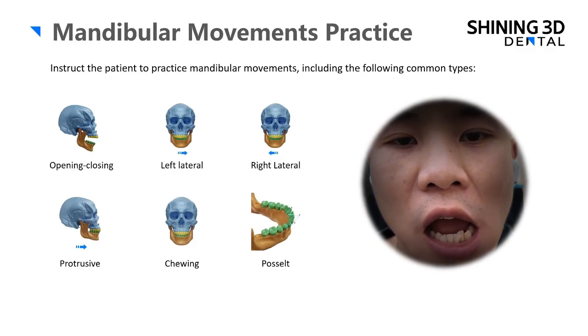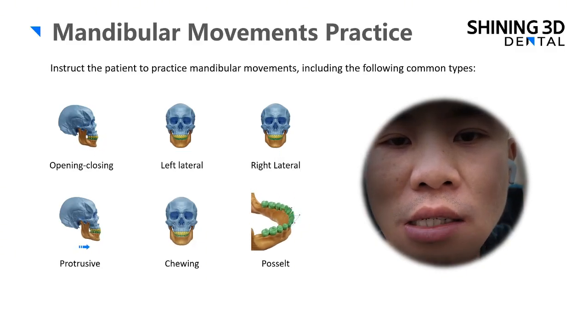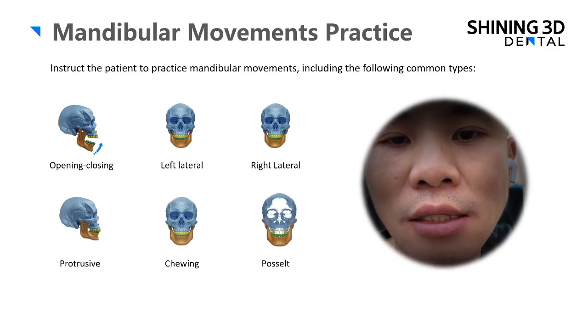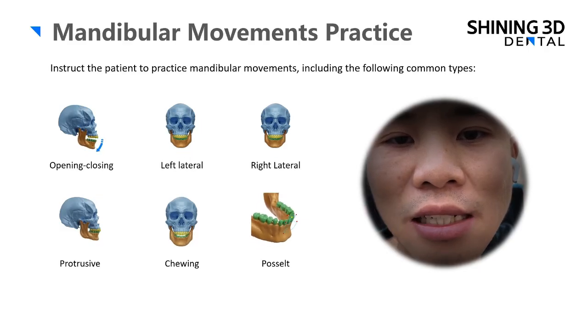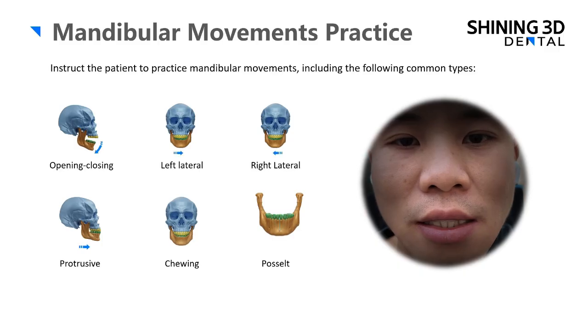So in order to prevent this kind of issue, the dentist can communicate with the patient beforehand about what kind of movement they may need to do and how many movements they need to track. After that, we can save some time while we are tracking the trajectories for the patient.